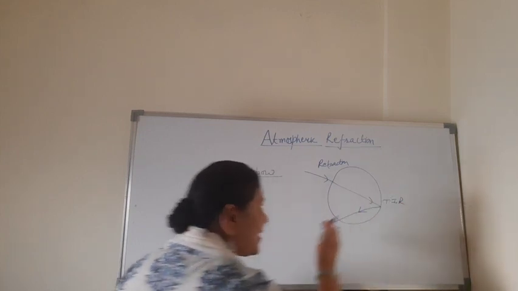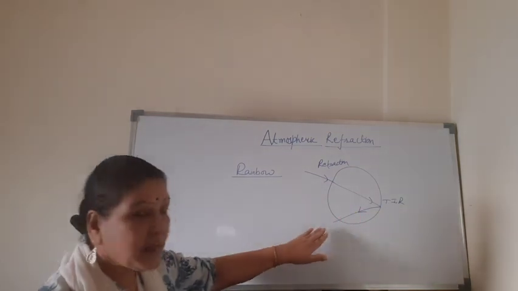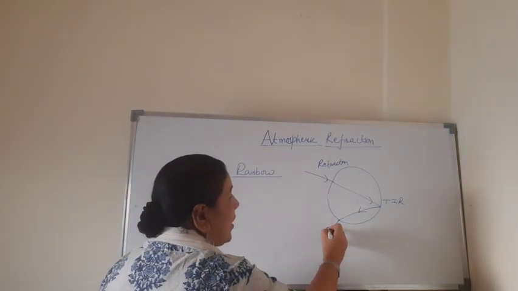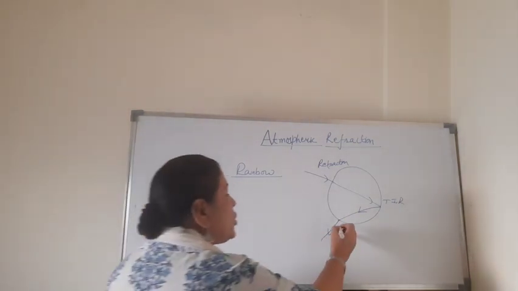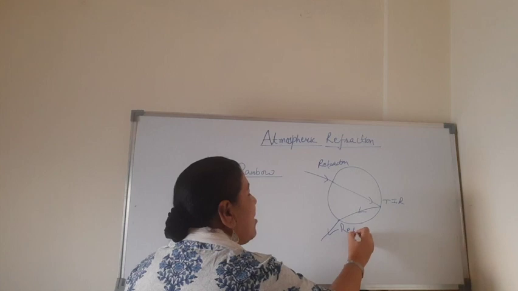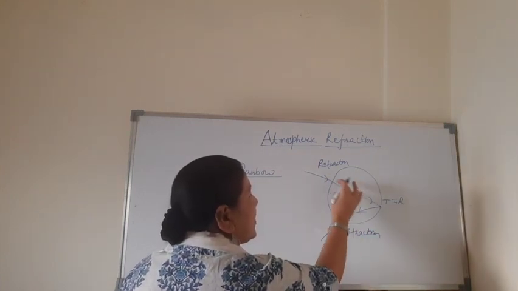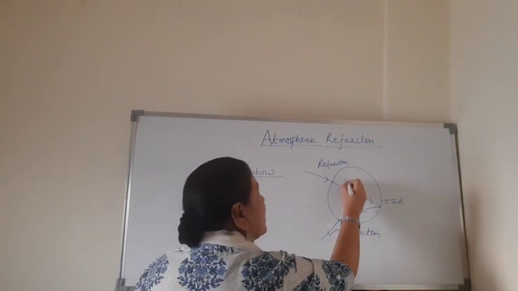After total internal reflection it comes back, and here again refraction happens, as it is coming out from the water. So what happens exactly? First refraction, then dispersion. Here it disperses into 7 components.